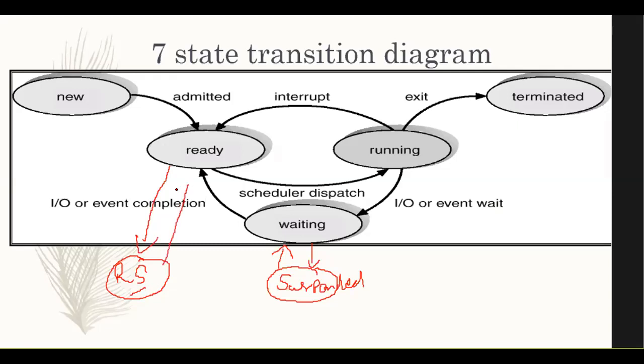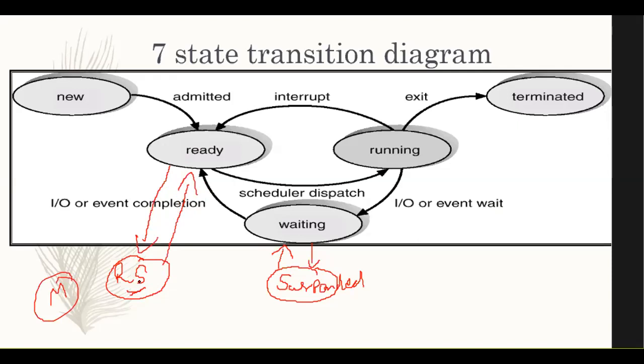We can send processes into the ready state directly, because all those processes which are in ready suspended are ready for execution, but just because of lack of memory, we sent those processes into the ready suspended state.